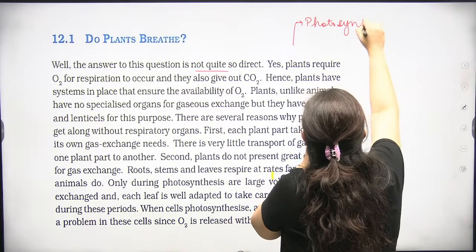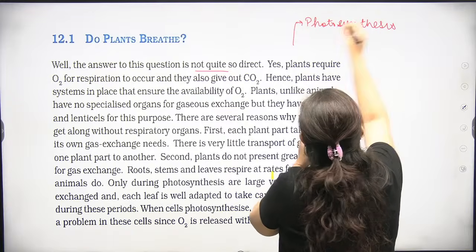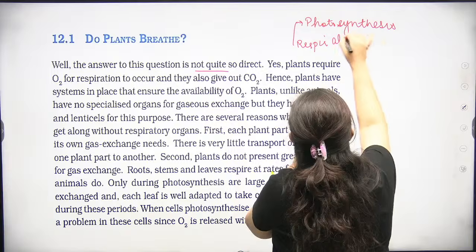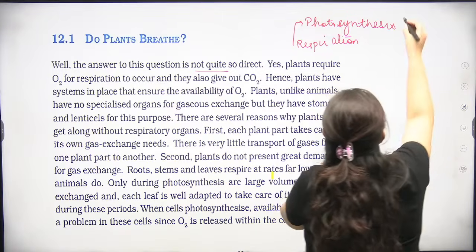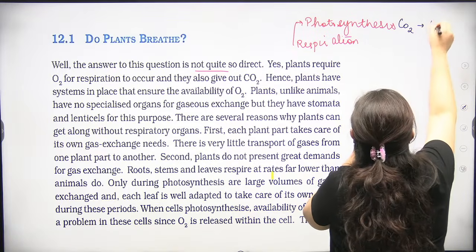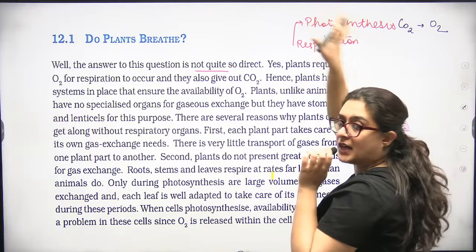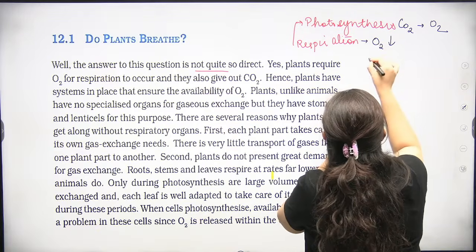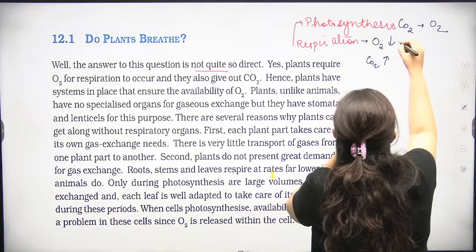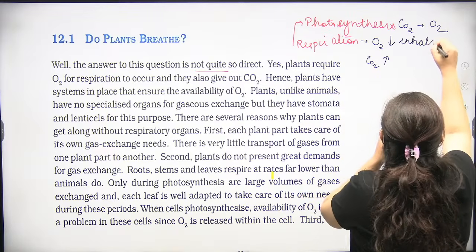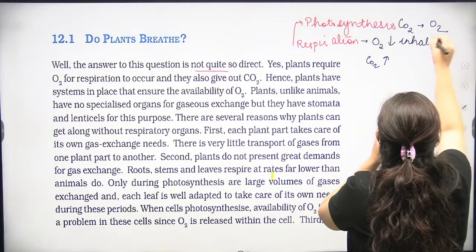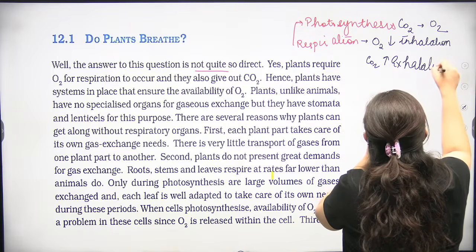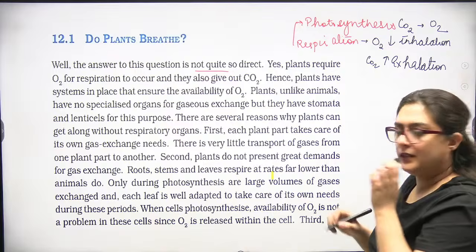photosynthesis as well as respiration. Now in photosynthesis, the substrate CO2 produces oxygen. But when plants are respiring, the same oxygen is taken in and CO2 is released, exhalation. Means some pores should be present on the parts of the plant, on the leaf.